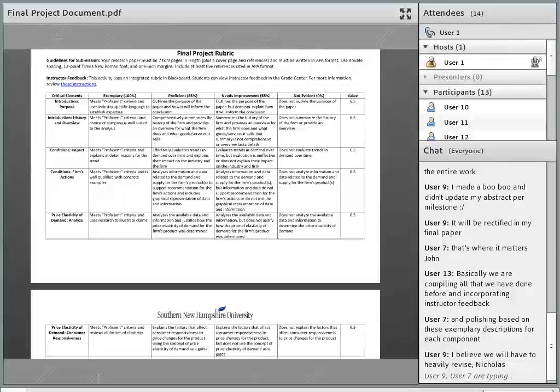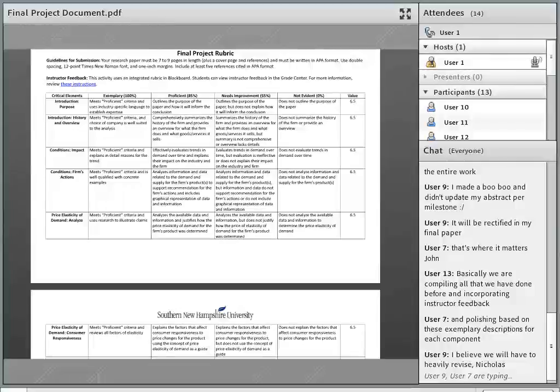To bump that up to exemplary, you're going to need to revisit that and drag it out a little bit and use some of that industry-specific language, stuff that's unique to your industry and the firm that you chose, to talk a little bit more about those microeconomic principles that you're looking at, the supply and demand, the price elasticity of demand, the costs, and the overall market for your firm.